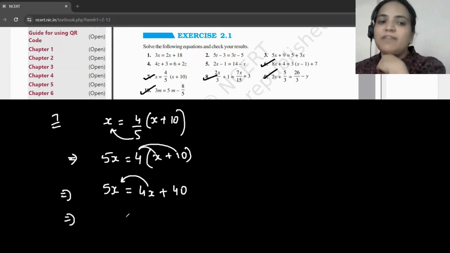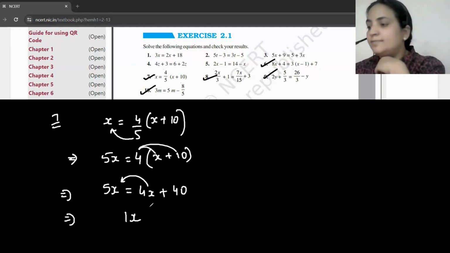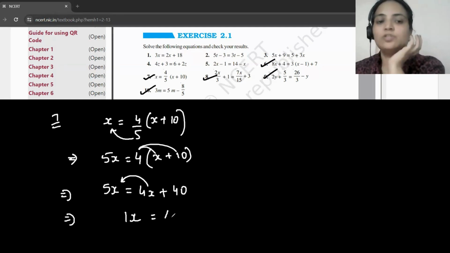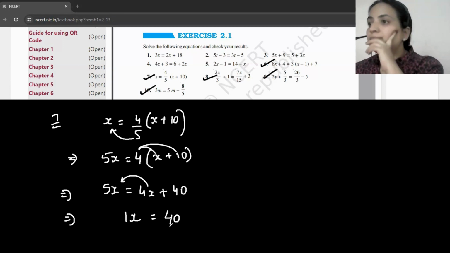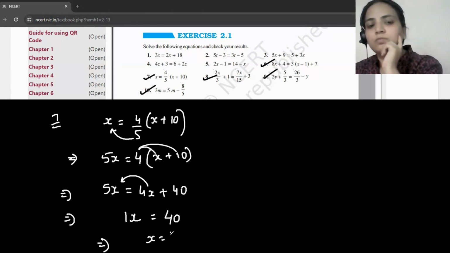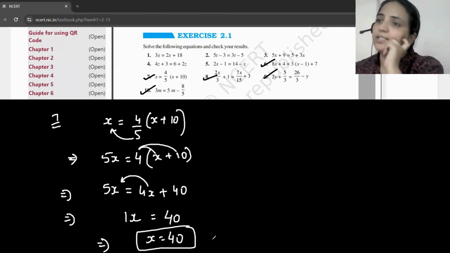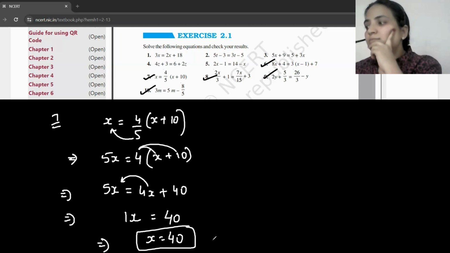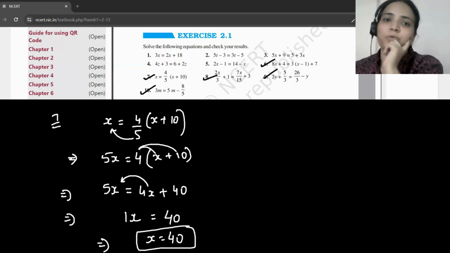So this will be 5x minus 4x is 1x equals to 40. 1x equals to 40 means x equals to 40, no? So that's the answer. That's the solution. Understood? Do it quickly in your notebooks.